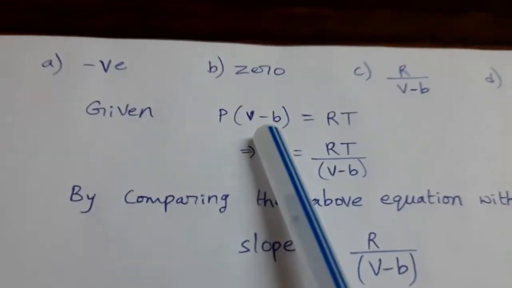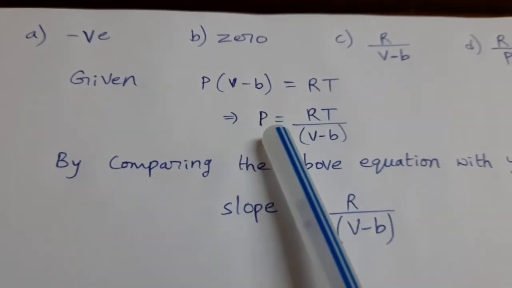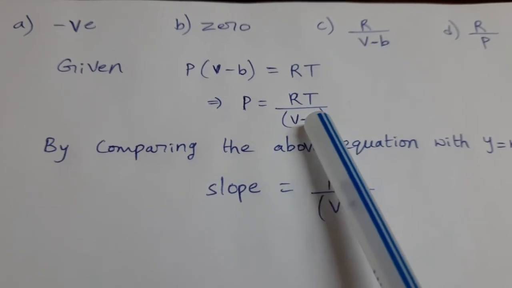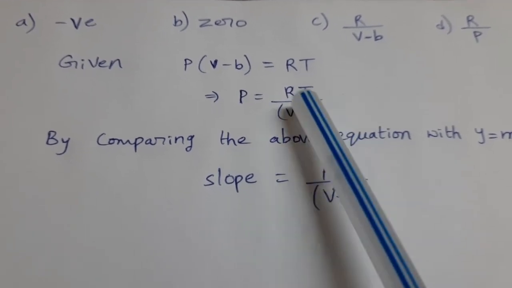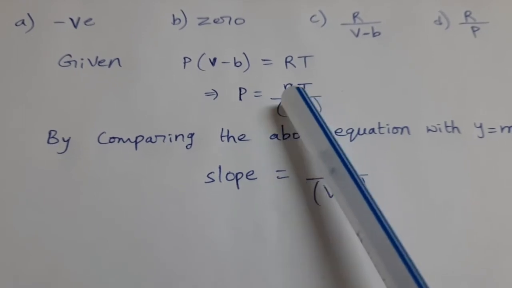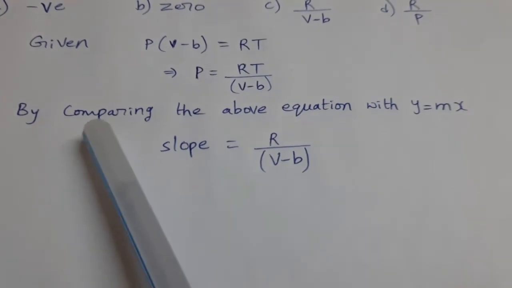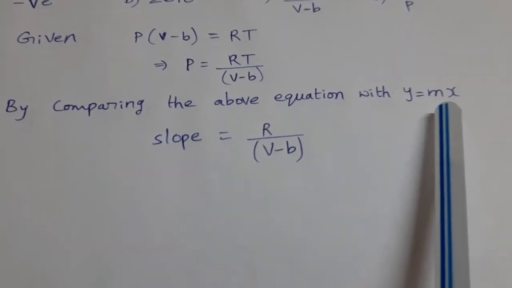This is the given equation. P into V minus b equal to RT. From this P equal to RT by V minus b. Already we know that this is for isochore. Volume V constant, b van der Waals constant, capital R universal gas constant. Variables are pressure and temperature. Now by comparing the above equation with y equal to mx.